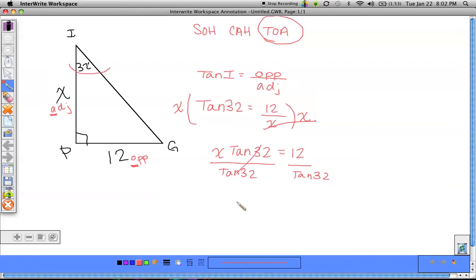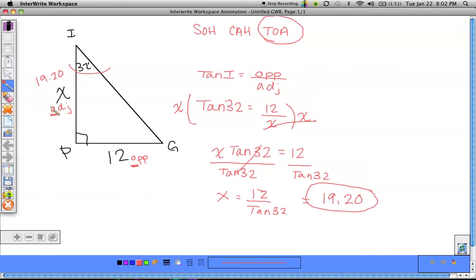It's going to cancel out here, so we're left with x is equal to 12 divided by the tangent of 32. When you plug that into your calculator, you should get about 19.20. So that means that this side here is 19.20 approximately.